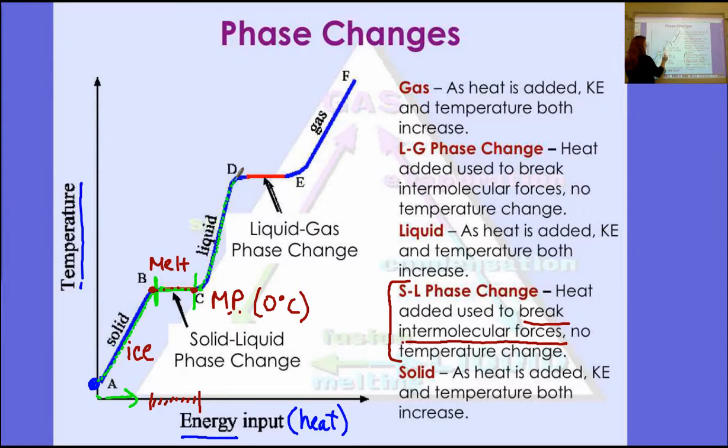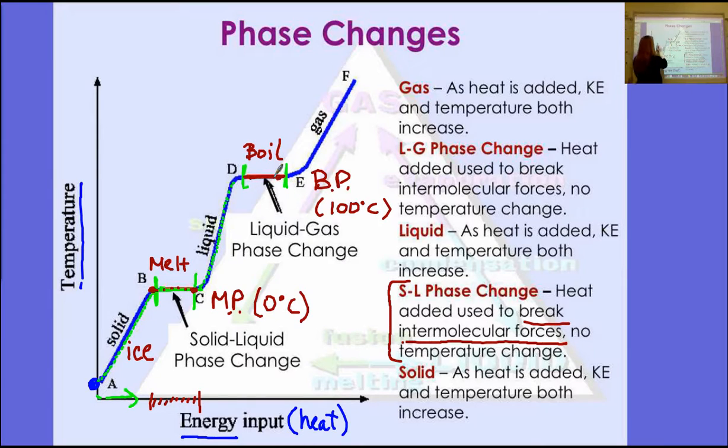My temperature is going to increase from 0 up to the boiling point. The boiling point of water is 100 degrees Celsius. Once I hit 100 degrees Celsius, it's going to stay at exactly 100 degrees Celsius until all of my liquid has boiled into the gas phase, into the vapor phase.